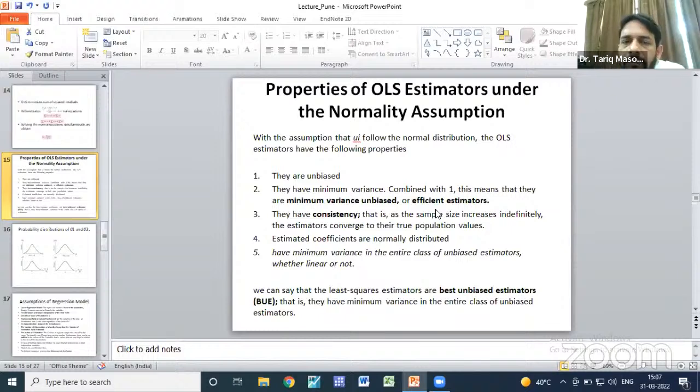Now, for the property of unbiasedness, or for all these properties, you must know the idea of sampling distribution and repeated sampling. We are getting our estimate by using one sample. Now suppose we have access to a number of samples from the population.